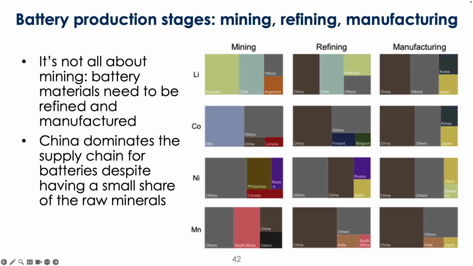But importantly, in terms of the production process from the raw material to the battery, that is only one phase. There are three main stages, right? So the mining, which we just talked about, and then there's the refining of the material, because you have to get that material into a form that can actually be used in the battery, and then manufacturing, which is putting together the battery itself.